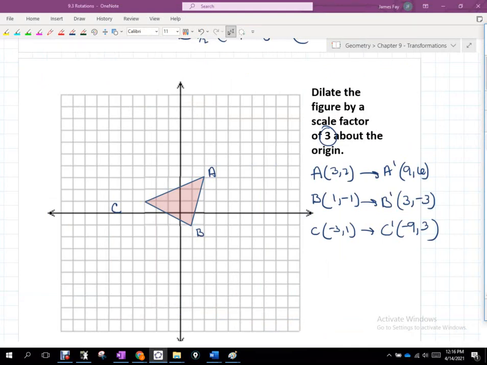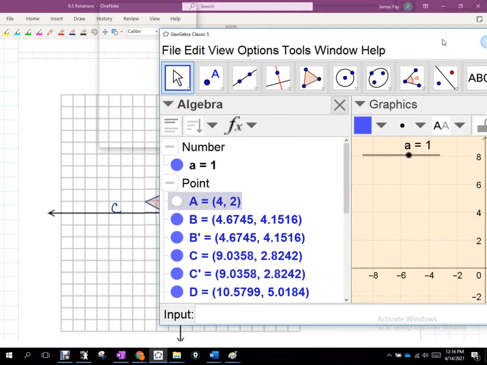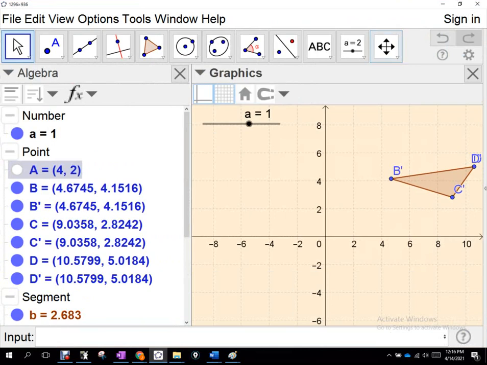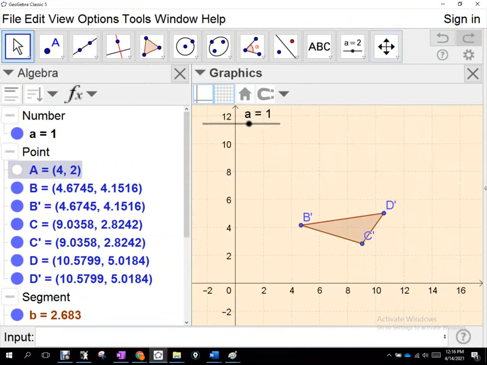Let's say I gave you this image here. If I use a scale factor of 1 as my dilation, it just gets me my image, and my image and pre-image are the same thing.